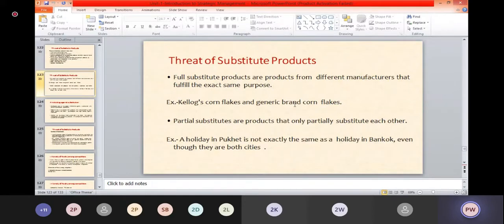So if booking at one particular city is not available, he can substitute the other, because it will serve at least some purpose. It will make him enjoy his holidays, not exactly the same as that particular city gives, but to some extent he can at least take the benefit. That is a partial substitution.